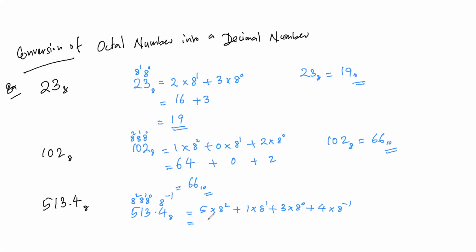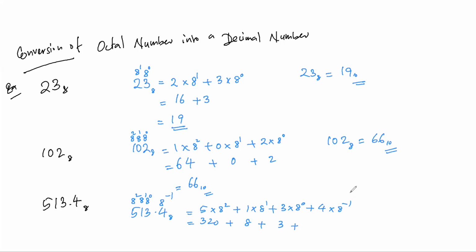So this is 64 into 5, so that is 320, plus this is 8, plus this is 3, plus 8 to the power minus 1, meaning 1 divided by 8, so that is 0.125. 0.125 into 4 will get 0.5.